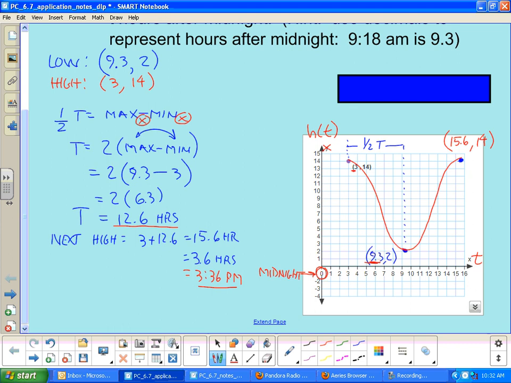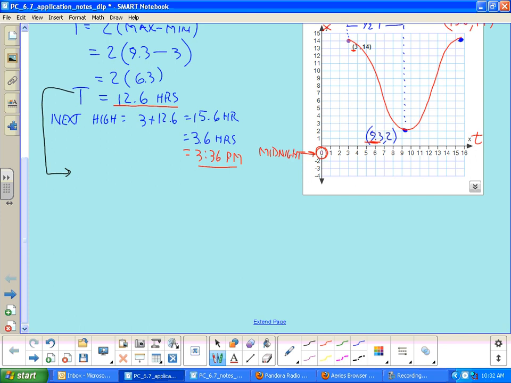All right, so we have now found T, which means from T, what could we find? B. So since we have it, let's just go find B. What's my equation? How do I find B once I know what T is? 2 pi over T. So we're going to go 2 pi over 12.6.